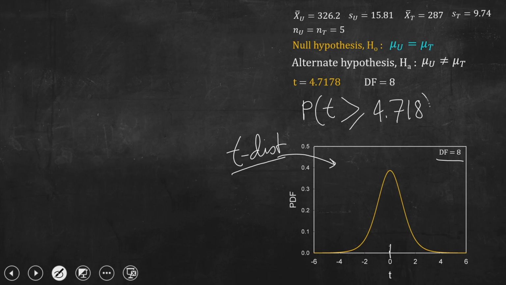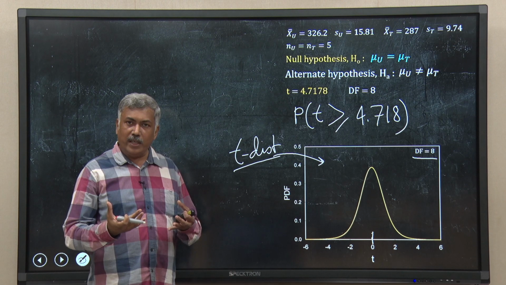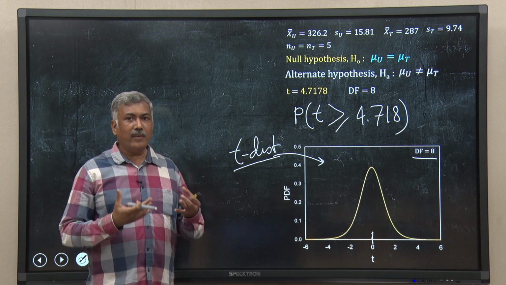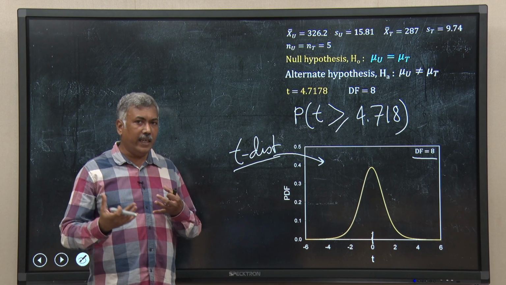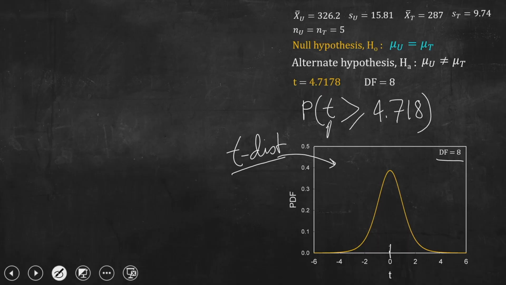If I freshly sample from the same population, do the experiment again, get the values and calculate t, that is my new t. I have to calculate the probability of getting that t greater than or equal to what I have already got. So, I want to calculate this probability.